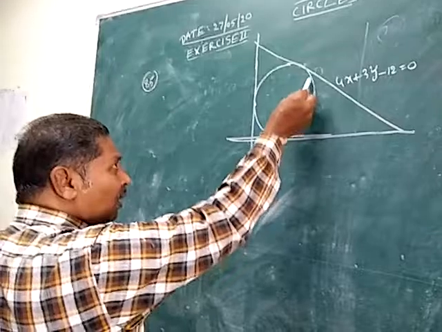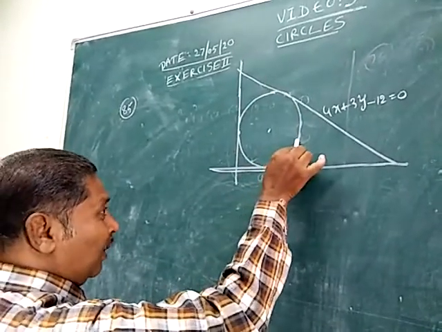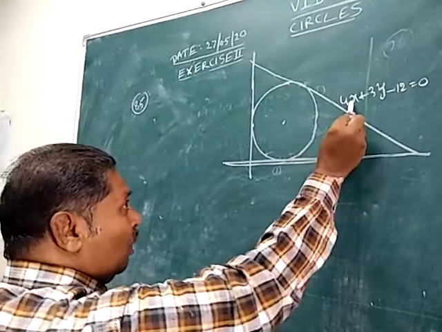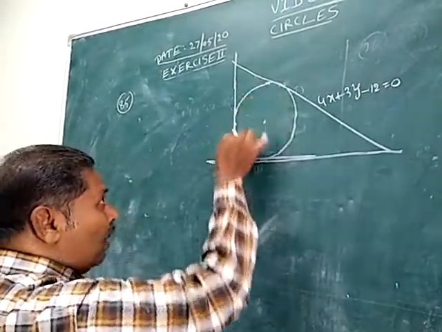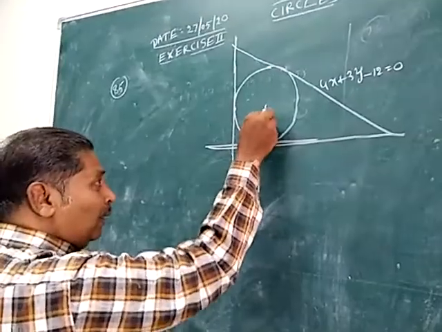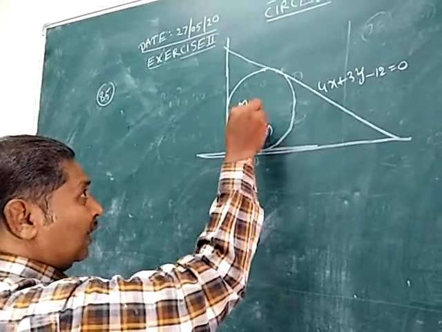Find the largest radius of the circle which touches the coordinate axes and the line 4x plus 3y minus 12 equals 0 in the first quadrant. So let r be the radius of the circle.